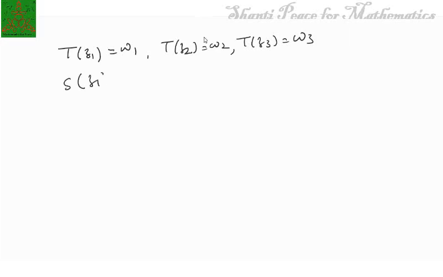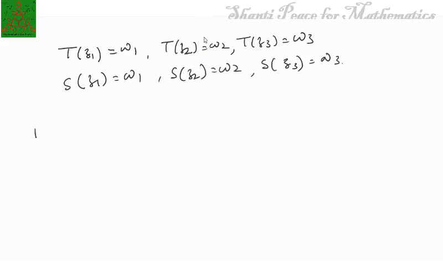So let us assume that there are two transformations which transform z1 as w1, z2 as w2 and z3 as w3. Another transformation is S, which we are assuming is transforming these 3 points to their images.